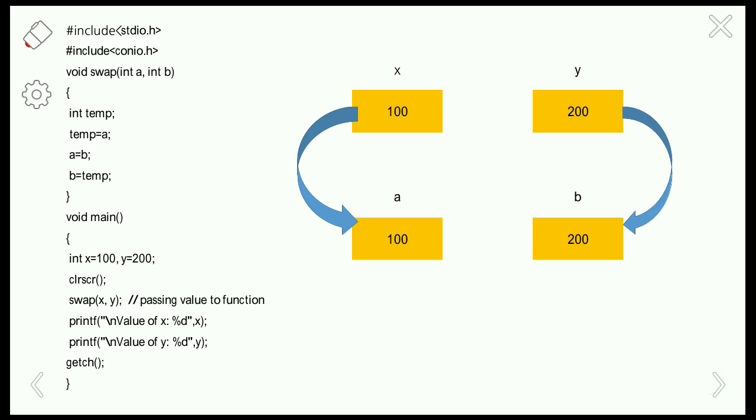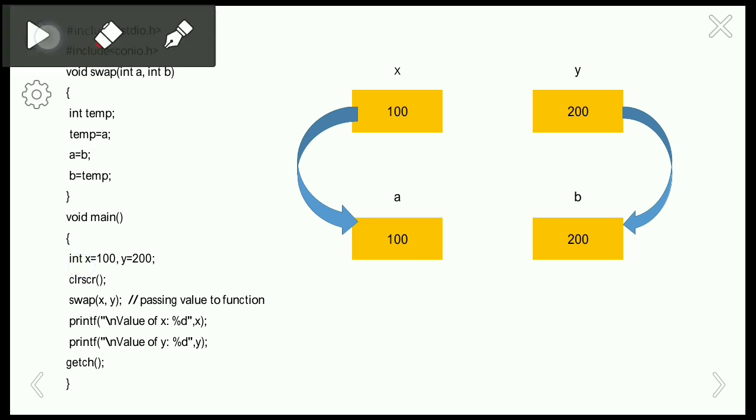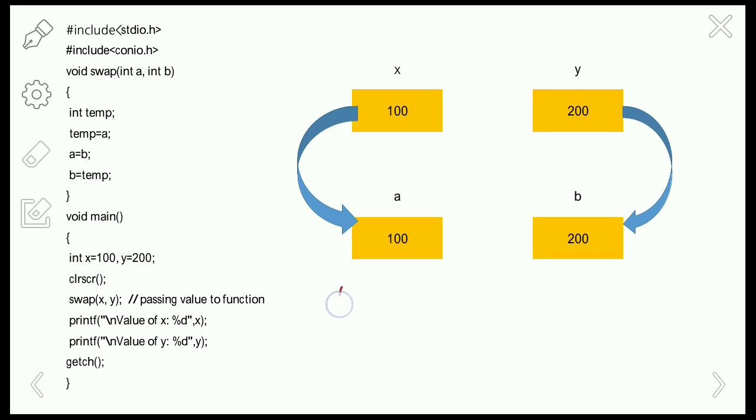Then we take a temporary variable temp and copy the a value to temp. Now the a value is 100, so 100 is copied to the temporary variable. Then a equals b.